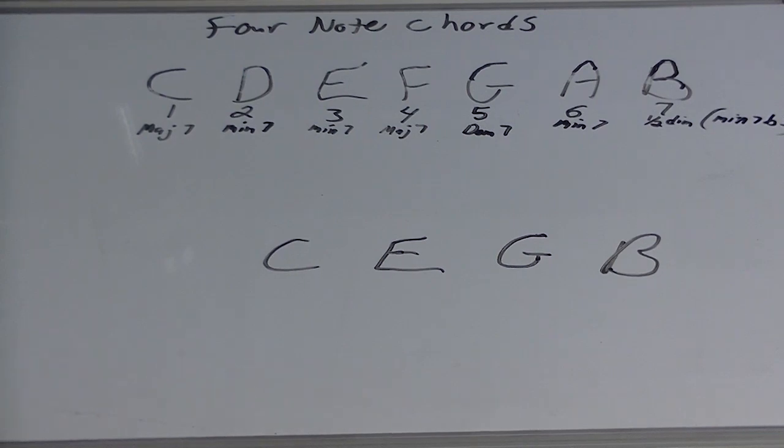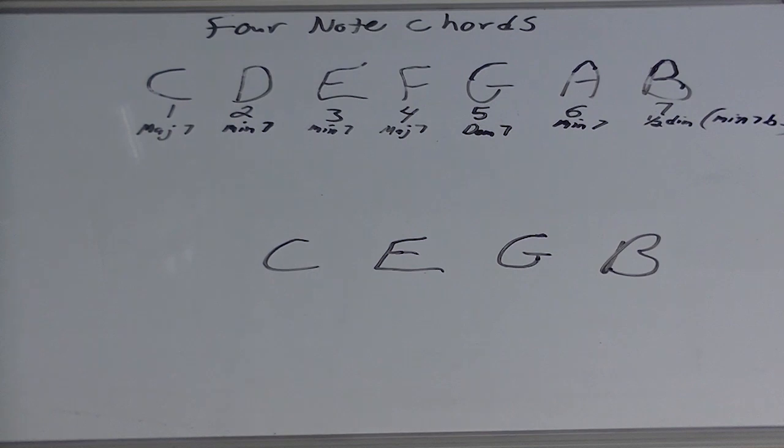For anyone who watched the lesson on chords and triads, we know that chords are derived from major scales. So in order for us to look at this chord, we need to analyze it with respect to the C major scale, which we have right here.